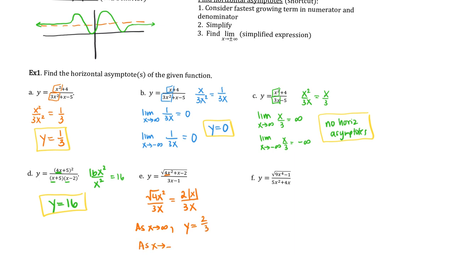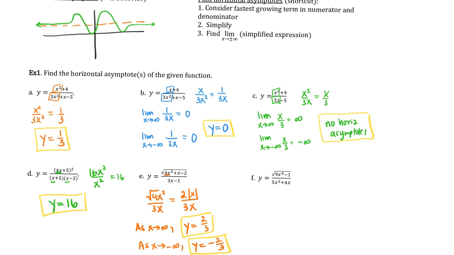As x approaches negative infinity, when we absolute value it, we get a positive. But this is going to be a negative. So when I cancel them out, I'm going to get a negative. So on the left, the horizontal asymptote is y equals negative 2/3. So this graph has two horizontal asymptotes. One is respected on the right and one is respected on the left.